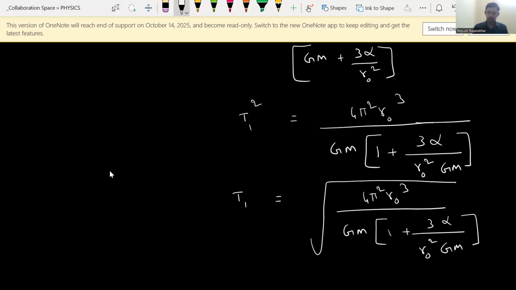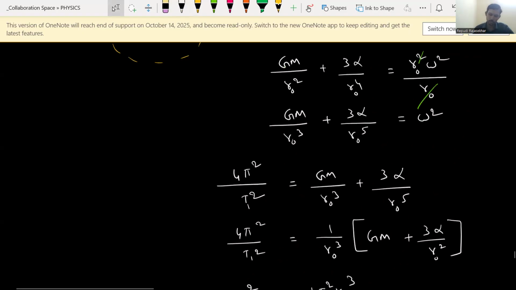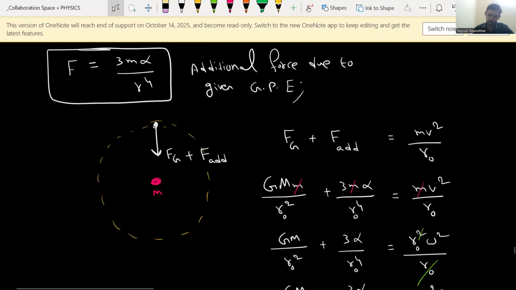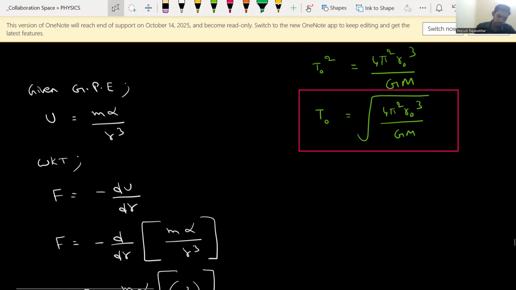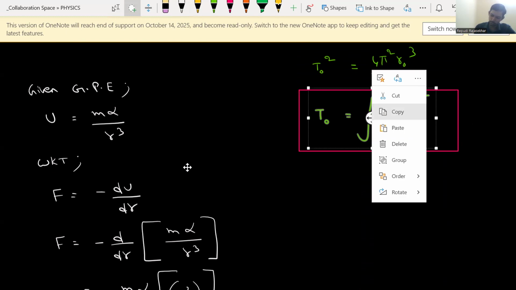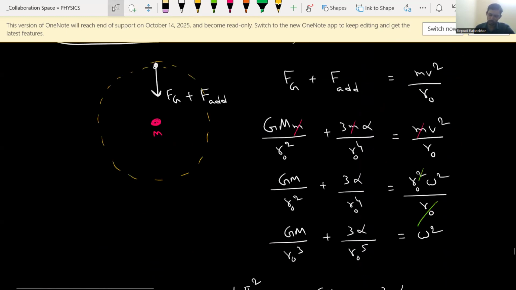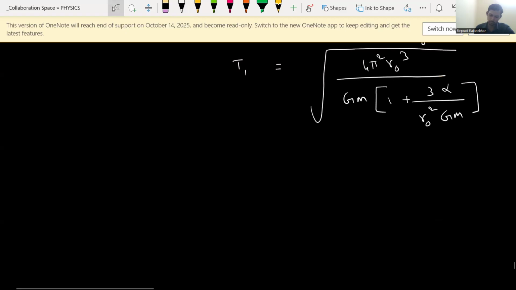Now we need to relate this T1 with T naught. How to relate this T1 with T naught? See, T naught means how much we got. We'll just copy this T naught. This is the T naught value. So everything I will copy and I will paste here.